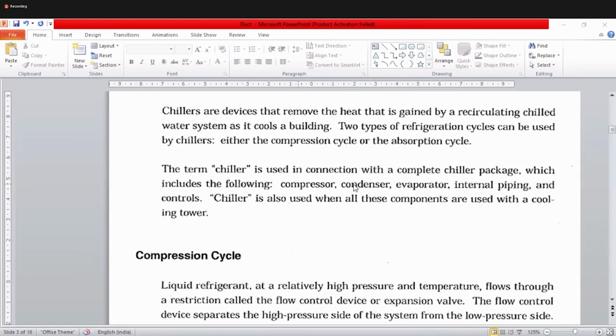These are the basic refrigerant cycle, but in chillers, internal piping and controls are also in addition. In whole, we can take it as a chiller package. Chiller is also used when all the components are used with a cooling tower. So for water cooled chillers we are using the cooling tower, but we are not using it in air cooled chillers.